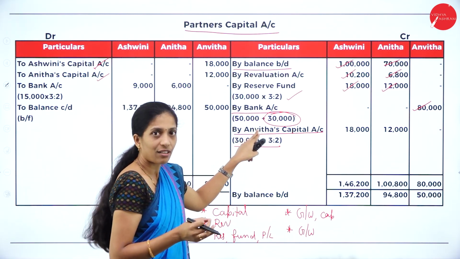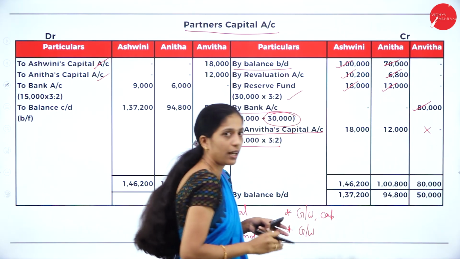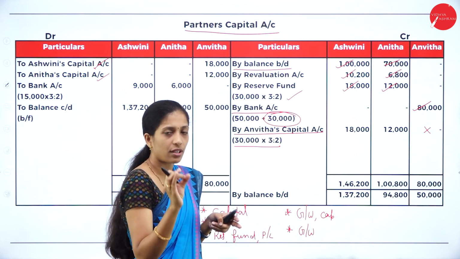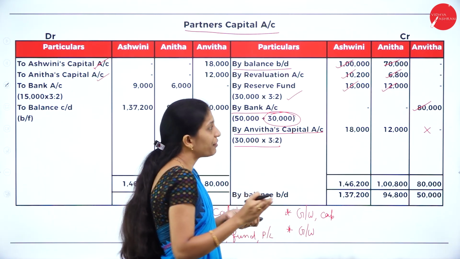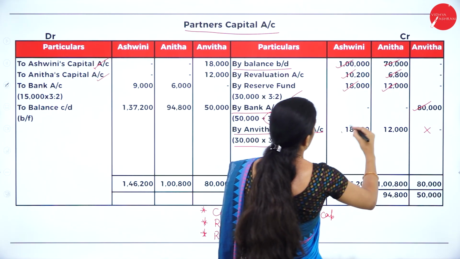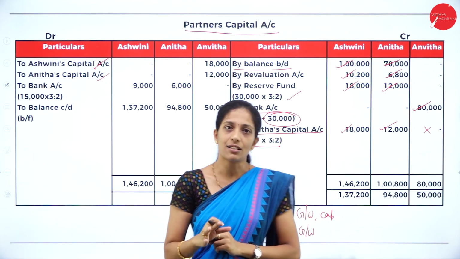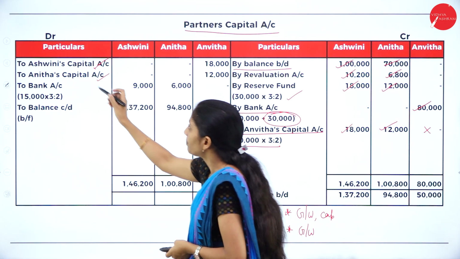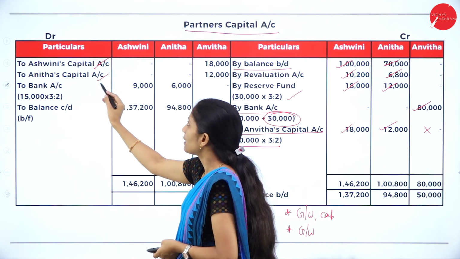Now, while writing the amount, be careful. Now, it is Anvita. So you are not going to write anything in Anvita's column. Okay, so whatever the amount, if you distribute, you will get 18,000 and 12,000, which has to be filled in the remaining partners' columns. 18,000 and 12,000. Don't write anything in Anvita's column. Now, if you come here, it is Ashwini's capital account and Anita's capital account.